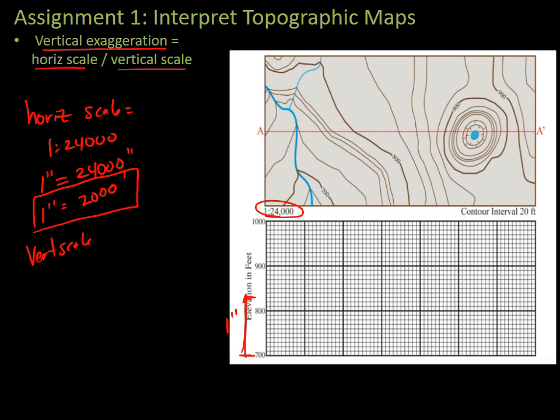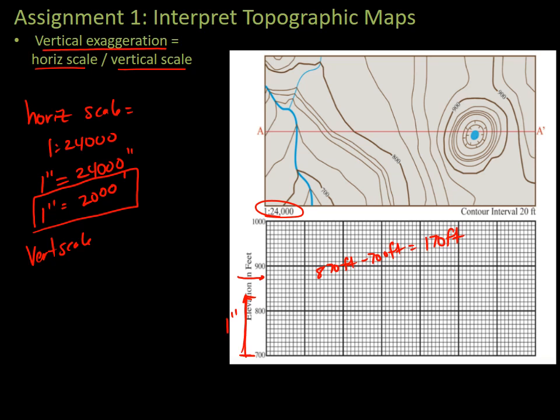Just hypothetically, I'm making this up, if you were to measure 1 inch there, that's 870 feet. If we subtract where we started from, 700 feet, your 1 inch corresponds to 170 feet of vertical elevation.